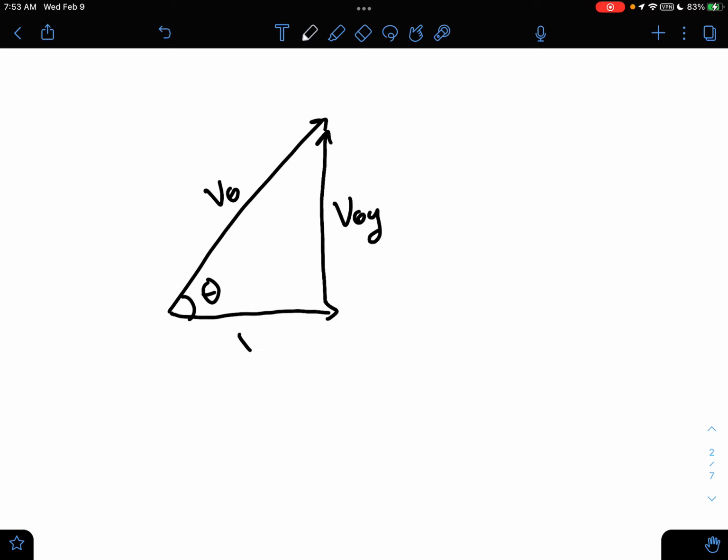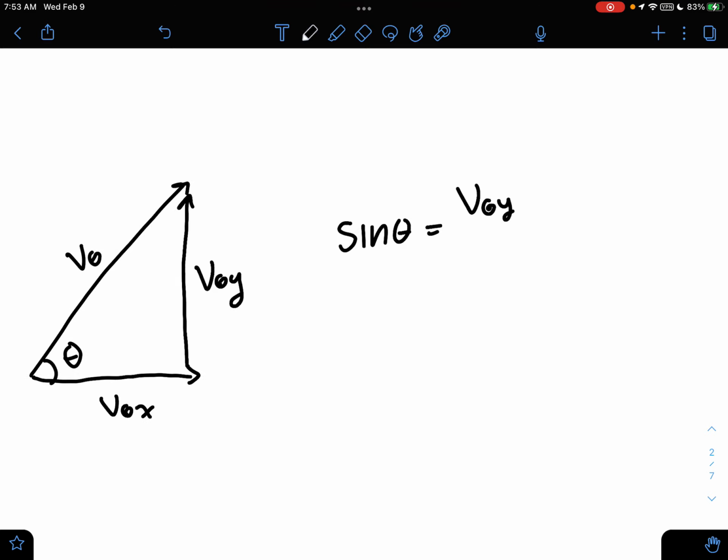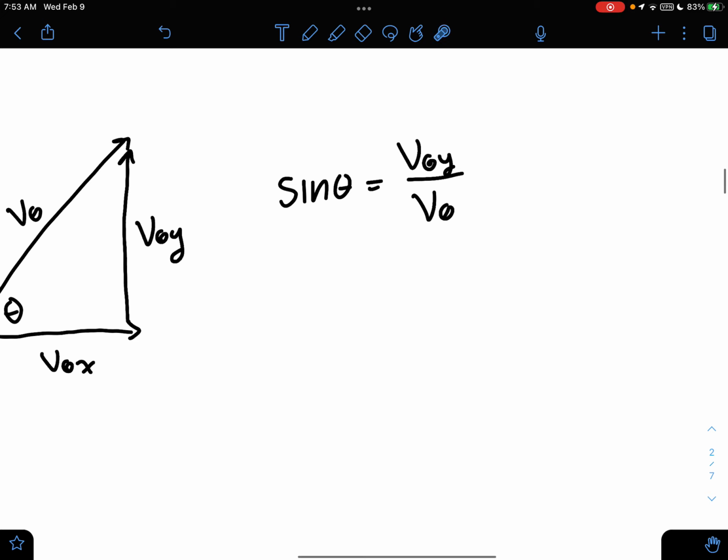Okay, so here's our X direction, and now here's our Y direction. V naught Y, V naught X. Now let's do some trig. So we have sine of this angle. Sine theta is opposite over hypotenuse, V naught Y over V naught. And we're trying to solve for V naught Y in terms of V naught and sine theta.